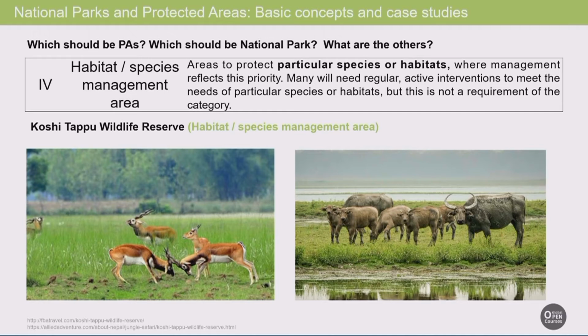This is different from national parks and wilderness areas, which focus more on protecting the entire ecosystem process and ecosystem functions. However, this habitat species management area will focus on a specific species.